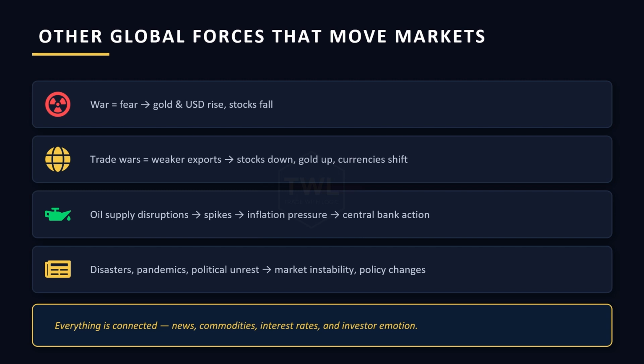Oil supply disruptions, say a major oil-producing country has a conflict, cause oil prices to spike, which creates inflation pressure, which can then trigger central bank action. And natural disasters, pandemics, or political unrest create general instability, often leading to sudden policy changes. The big lesson here: everything is connected. News, commodities, interest rates, and how investors are feeling emotionally, they're all part of the same web.